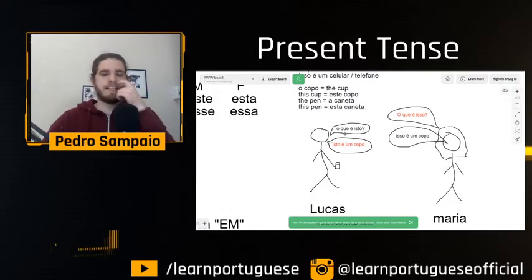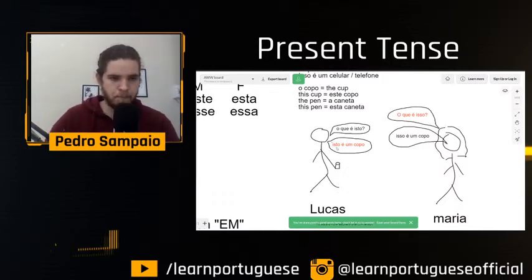So in the black dialogue, Lucas asks the question, he uses isto. On the red dialogue, Maria asks the question, so she uses isso, right? And the same with the answers. For the first dialogue, "Isso é copo" because it's next to Lucas. And on the red conversation, he says "Isto é copo" because it's actually next to him.